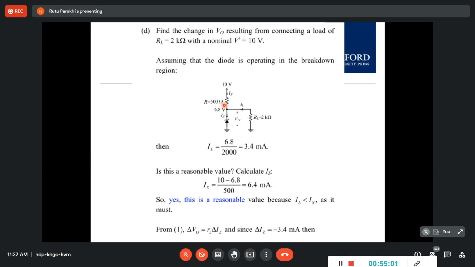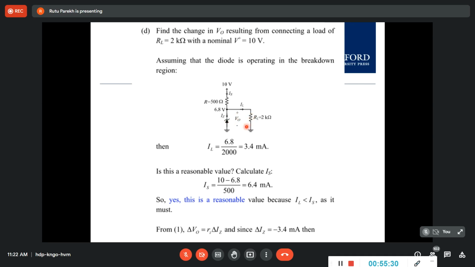As you can see now, your current which is flowing will be divided into IZ and IL. And this IL is nothing but delta IZ, because now when there is a load, some current is stolen from the Zener, because this is the total current. If the load was not there, the Zener was getting all the current.